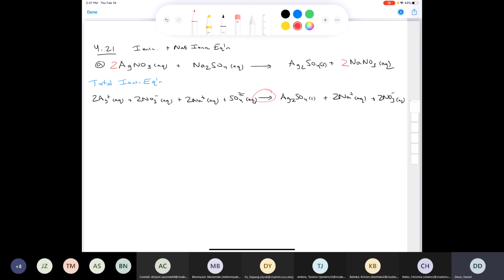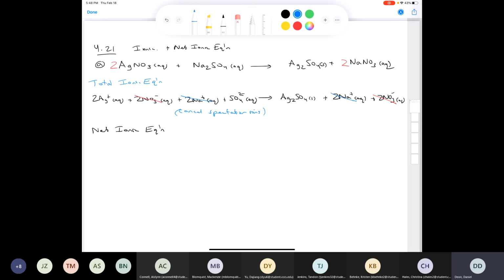Anything that's the same on both sides of the arrow, we're going to cancel that out because those are spectator ions. That's the nitrate ion and the sodium ion. So again, here we cancel spectator ions, okay? And then we end up with the net ionic equation.